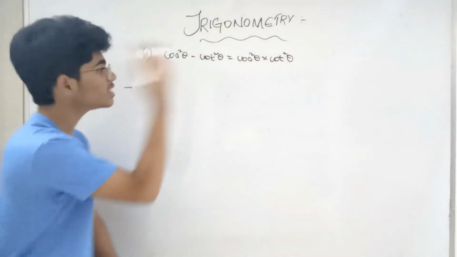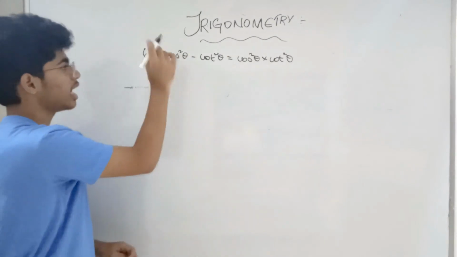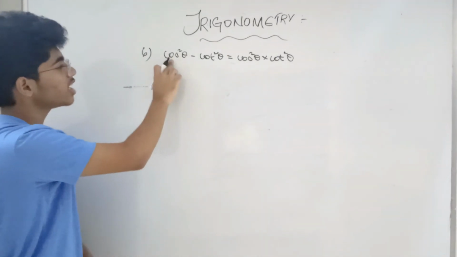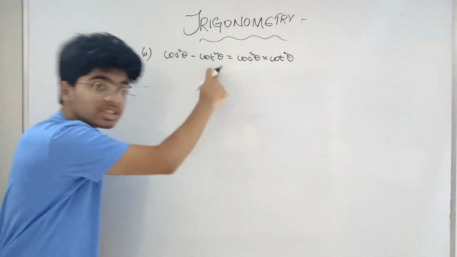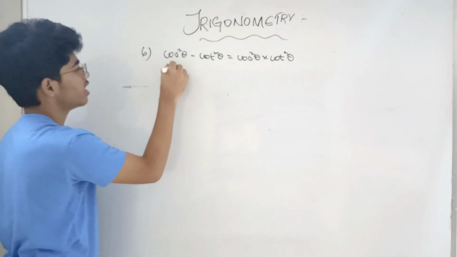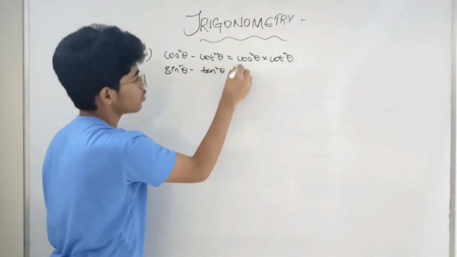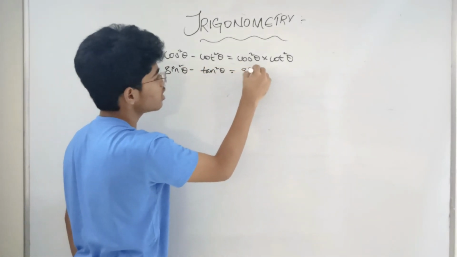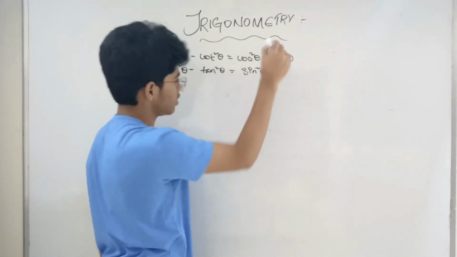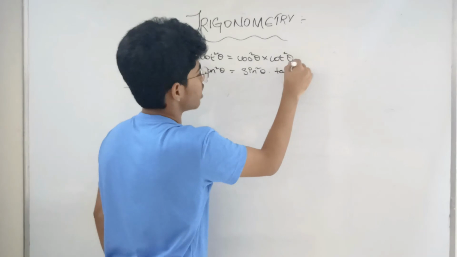Yes, this is also an identity. It's going to be useful in some cases only. And in the same way we can write this as cosec square theta minus cot square theta equal to that. So if we remove the co, it will become sec square theta minus tan square theta equal to sec square theta times tan square theta.